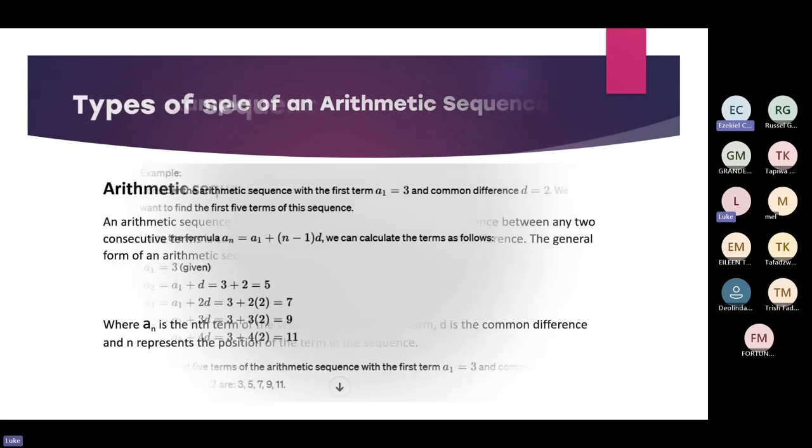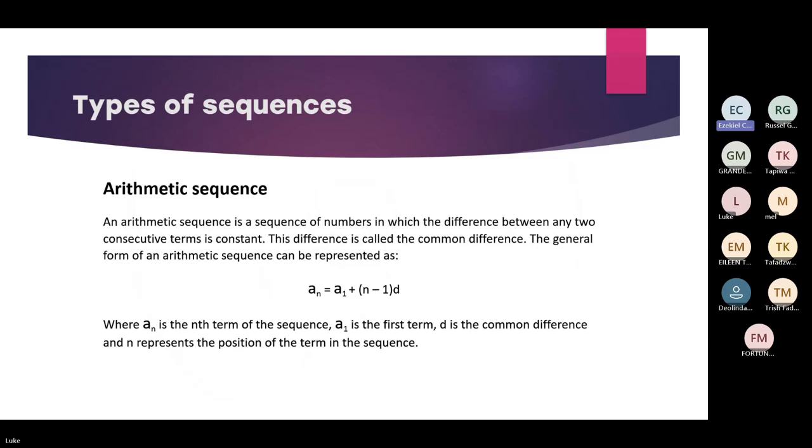I think we also need to know that an arithmetic sequence can also be called an arithmetic progression. Those two names can be used interchangeably, so in your exam it may be referred to as an arithmetic progression or an arithmetic sequence.